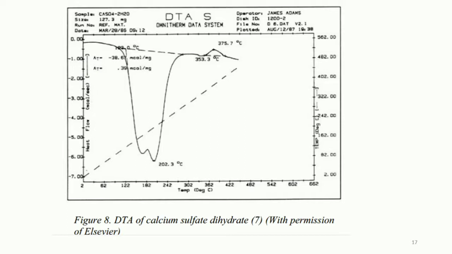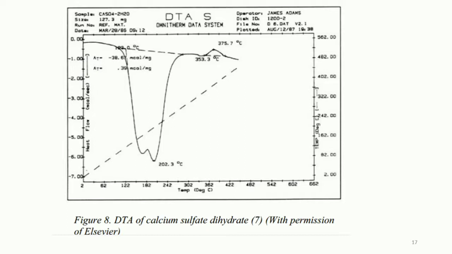The hemihydrate form is calcium sulfate CaSO4 with 0.5 H2O. It is also called bassanite or plaster of Paris. The second peak at 202 degrees Celsius is due to the loss of the hemihydrate's 0.5 H2O to form soluble anhydride, which is calcium sulfate.